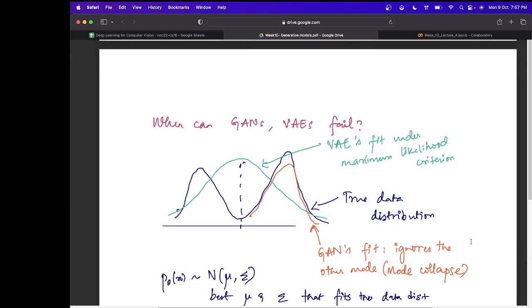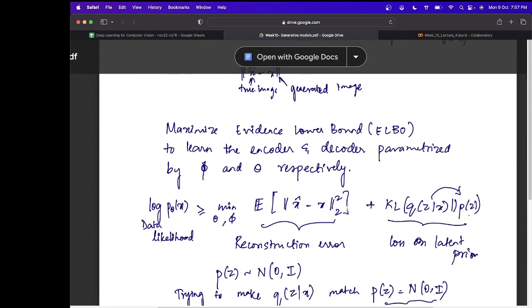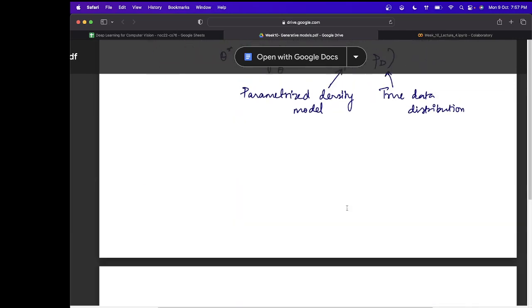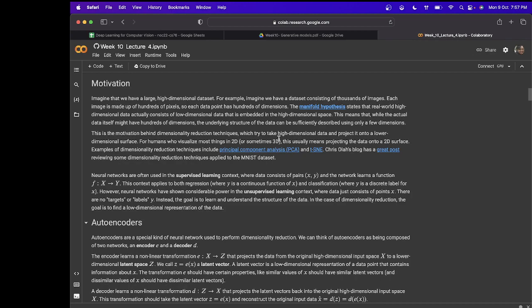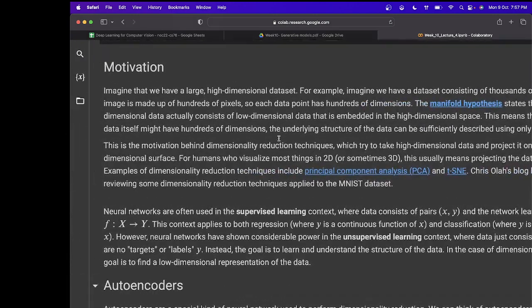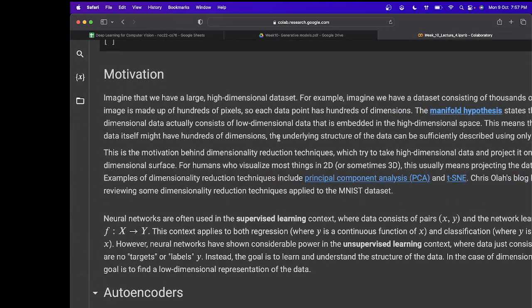So given that we have covered whatever we had to do in the theory part, we'll go on to the coding part now. This notebook will be shared with you by tomorrow. It is primarily on autoencoders and variational autoencoders.